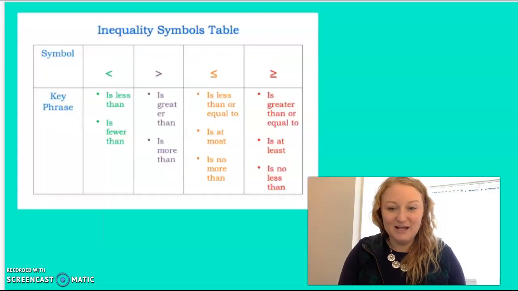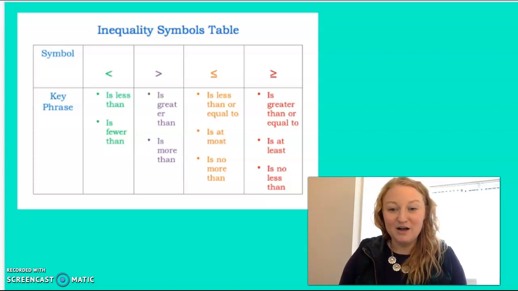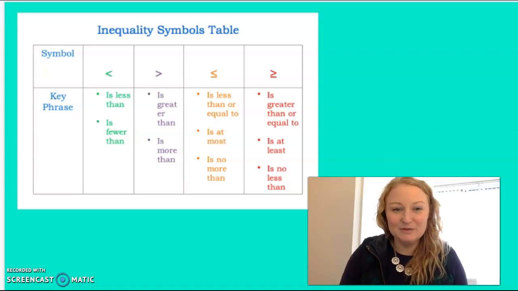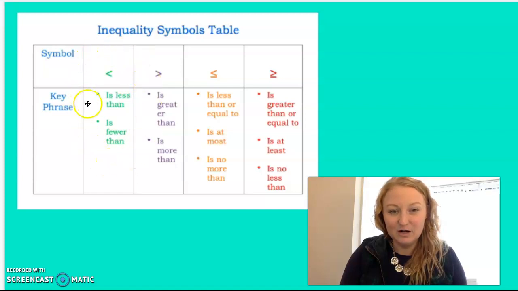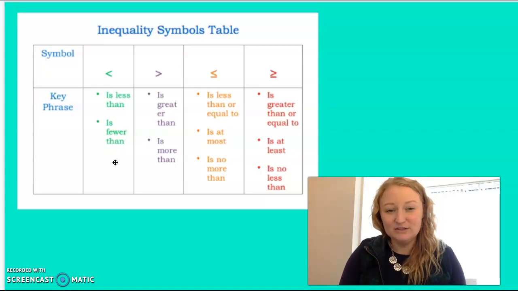On Friday, you were introduced or reintroduced to some of these symbols. We have seen the less than sign before, and another keyword that goes with that symbol is fewer than. You've seen greater than. Another way to say that would be more than.